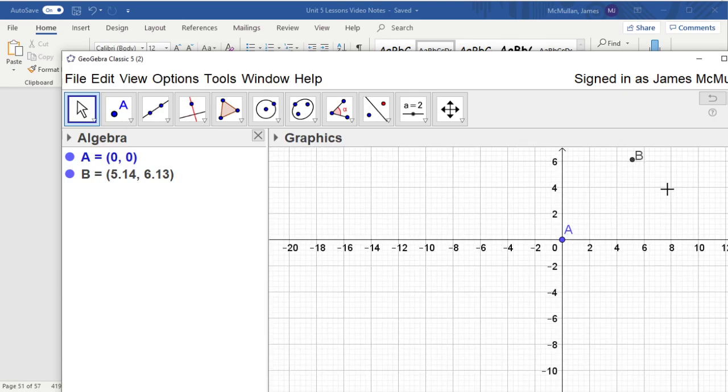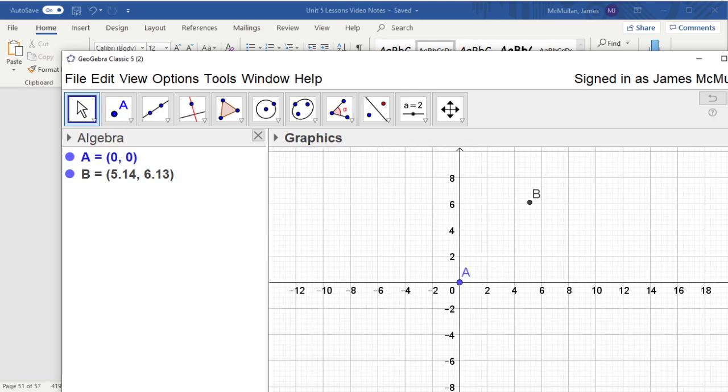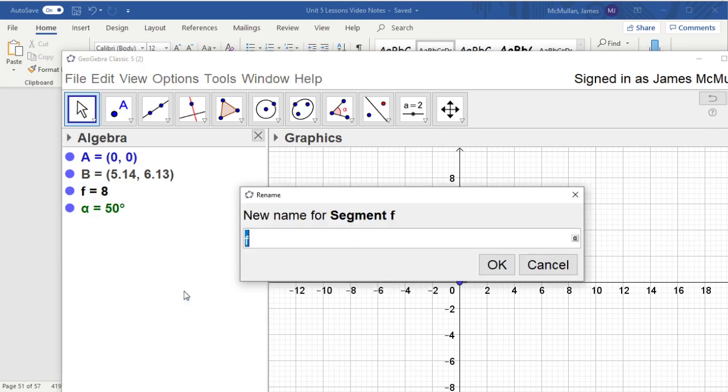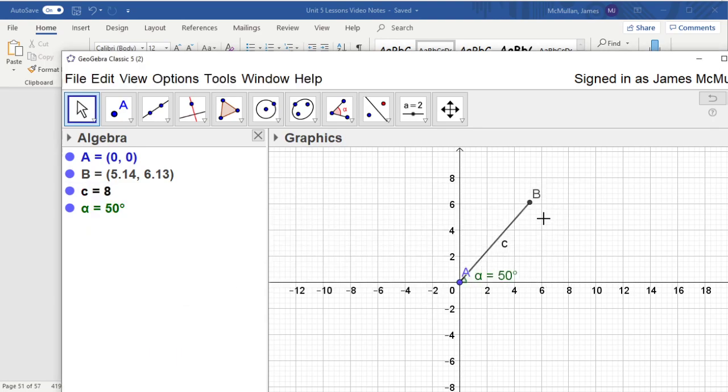Okay, so there's point B. If I do a segment from A to B, it's exactly 8 units long. If we measure the angle in standard position, the angle's 50 degrees. So everything's perfect here for my drawing. I should really rename this to C just to make more sense.